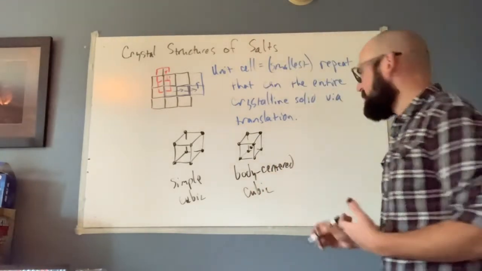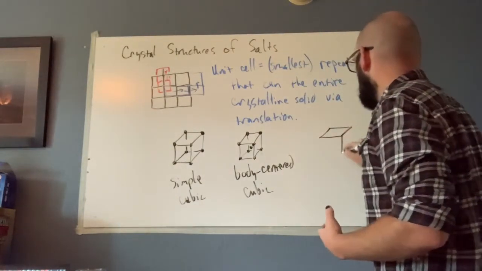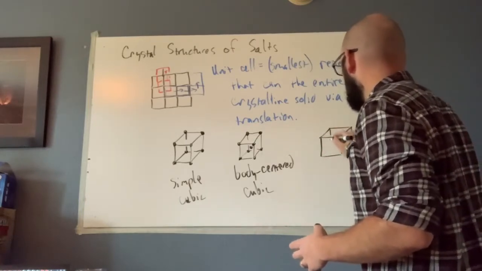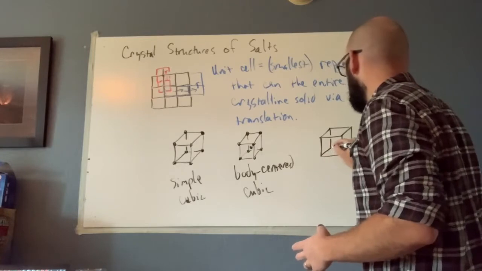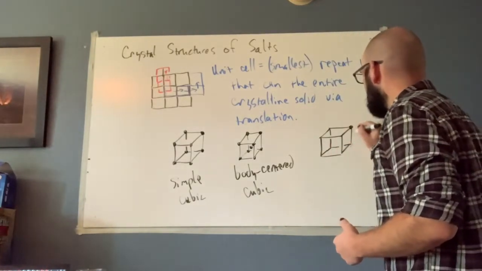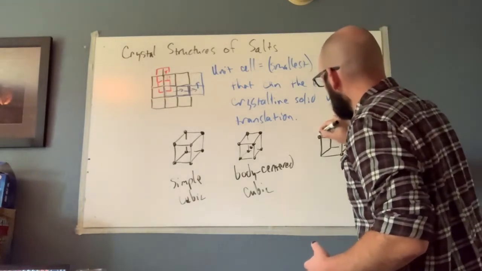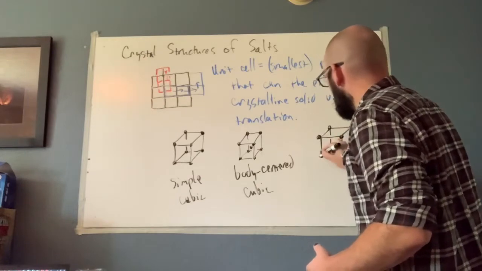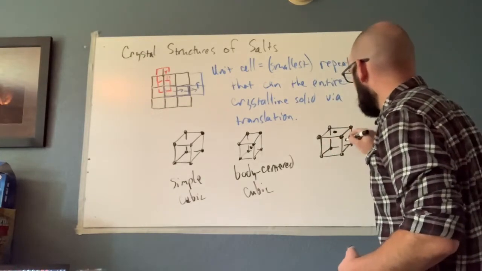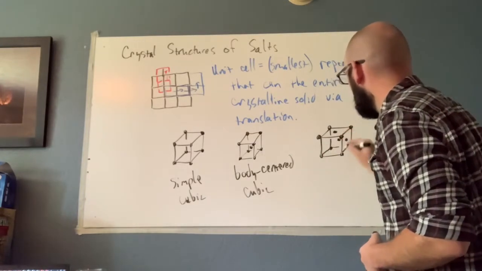We can also have a situation in which we have atoms on, these are equivalent atoms. I want to be very clear about that. So I'm going to color coordinate these. Right now we're exclusively talking about one type of atom. So if we have atoms that are on the corners, and then also atoms that reside on each of the faces of our unit cell. So this is on the top face, this is on our right side. I'll draw one in the back.